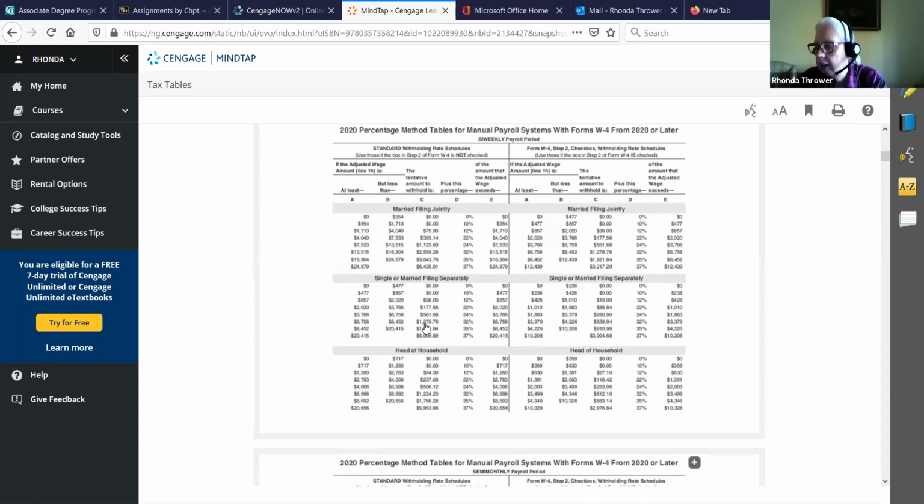And this second employee, he was single. So we're going to go to our single table this time. We're going to look for our wages to see whether it falls in between this amount or this amount. The amount of the wages were given at $1,200. So that falls in between these two right here. Again, I can't see them, so I'm going to make it larger.